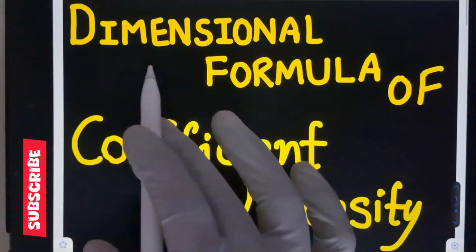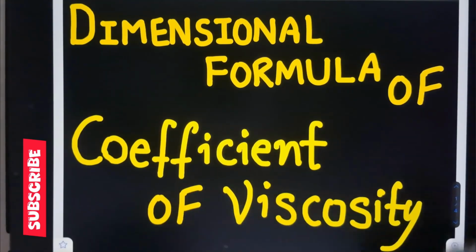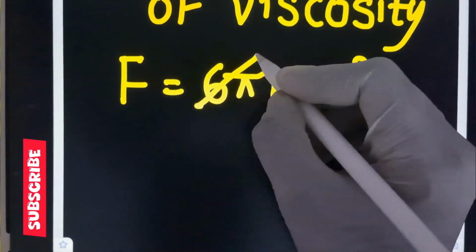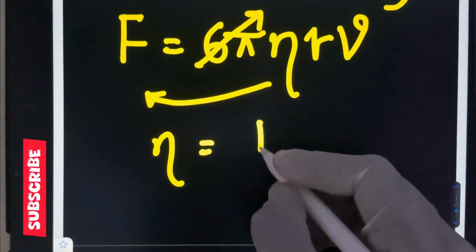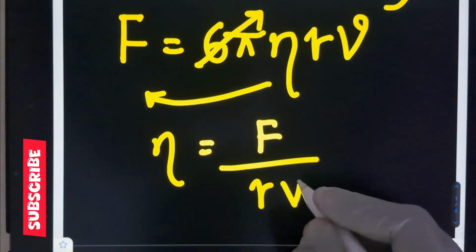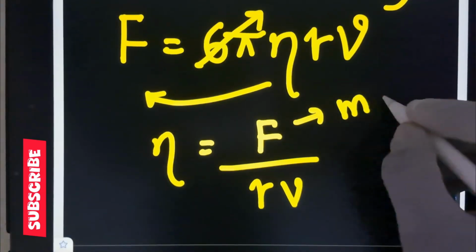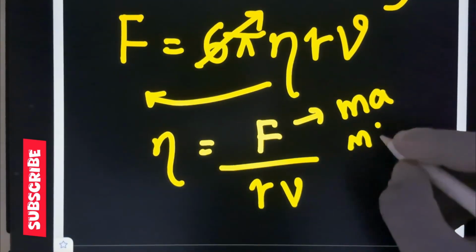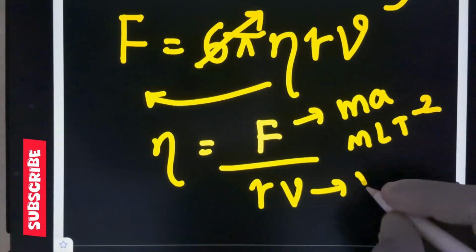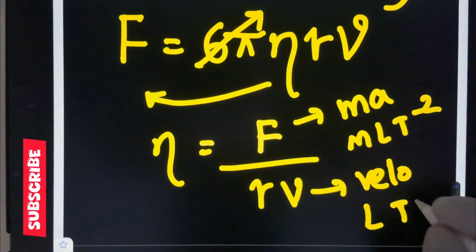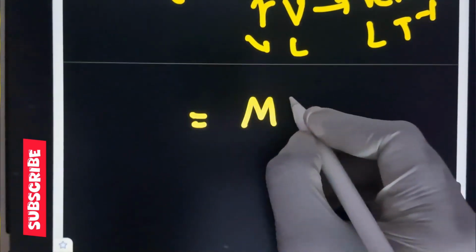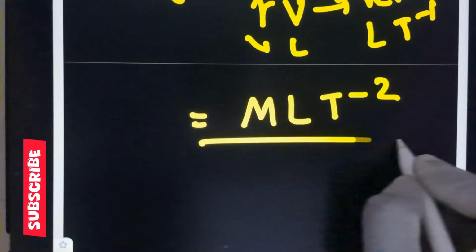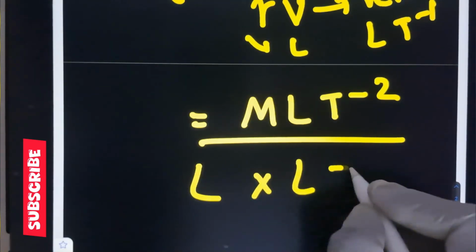To find the coefficient of viscosity. The formula is F is equal to 6 pi eta R V. So after rearrangement, eta is equal to force F by radius R and velocity V. Here force is equal to m a, and that is M L t power minus 2, velocity is L t power minus 1, and radius is L or length L. So substituting them, M L t power minus 2 by L into L t power minus 1.